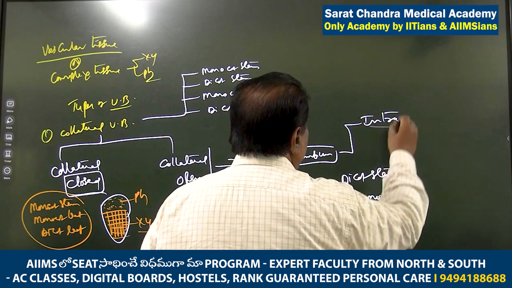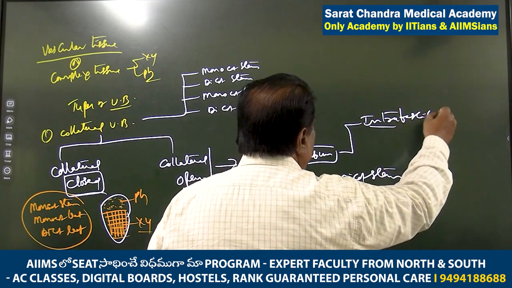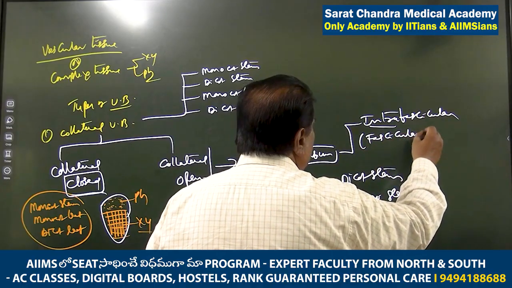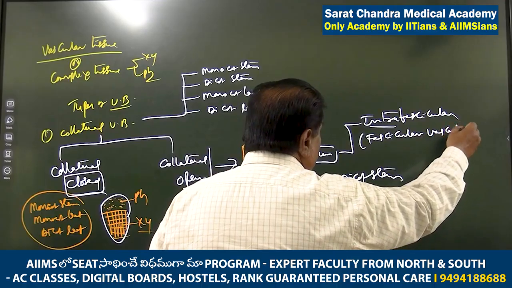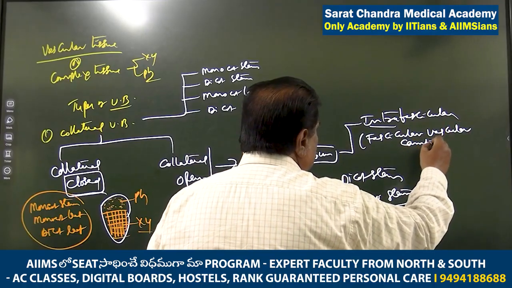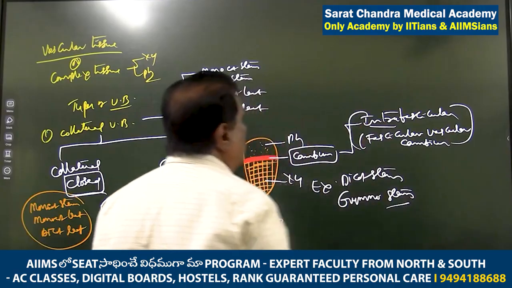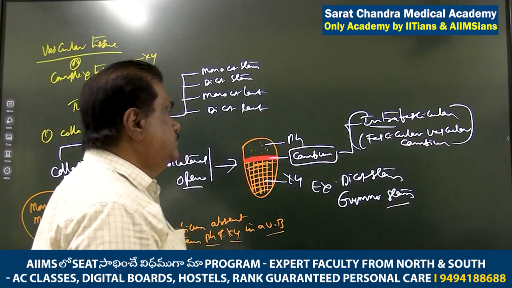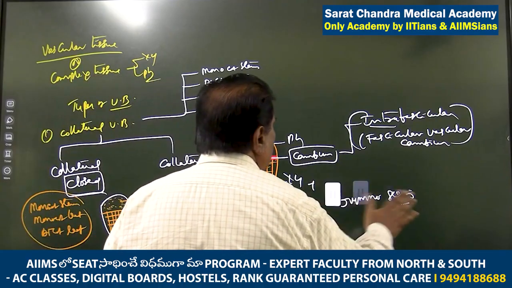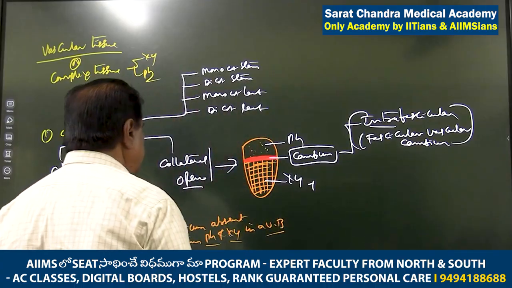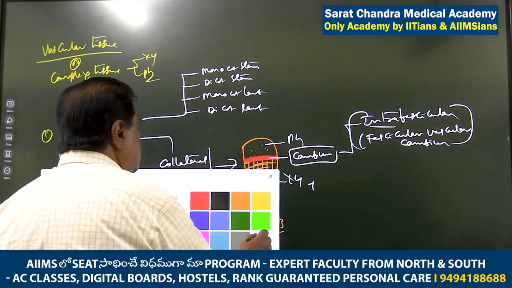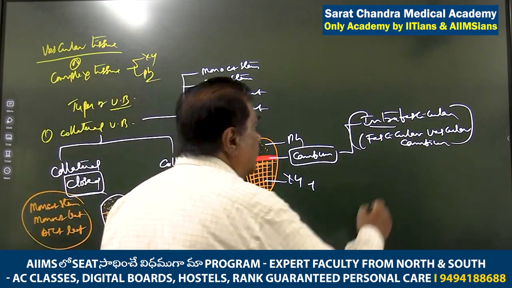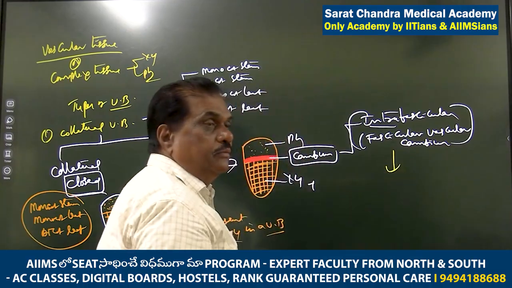So this cambium is called intrafascicular cambium, or fascicular vascular cambium. So is it a primary or secondary meristem?